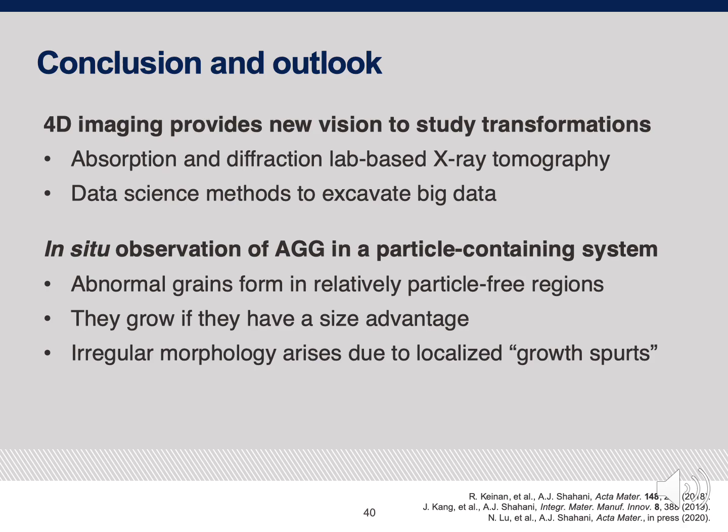As they grow, as they develop their size advantage, they also show a very irregular morphology due to these localized growth spurts. Liz Holm, of course, considers regions of high mobility, but in our case, one can consider regions of very low particle density. They are somewhat analogous. That is to say that the local density of particles ultimately determines a grain's propensity to grow abnormally.